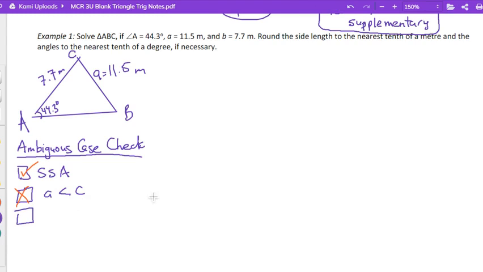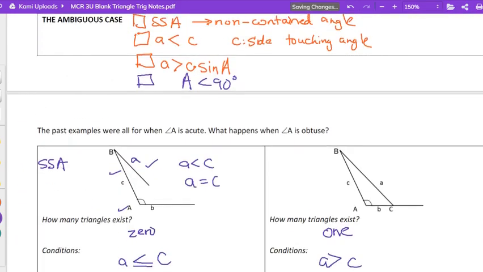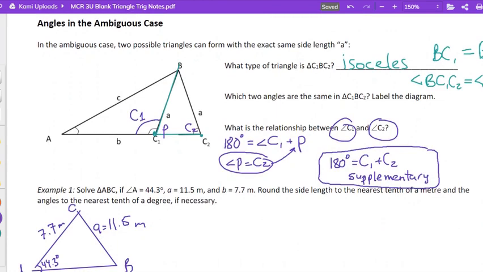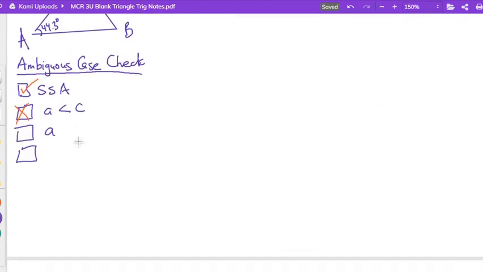But let's just go with it and do the other two checks. The next check is A greater than C sine of A? Because I've already failed one, I know this is not ambiguous, but we're just going to do it. And then the last one is A less than 90 degrees.